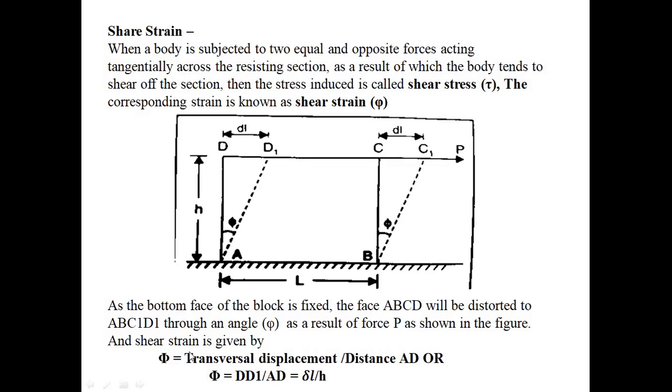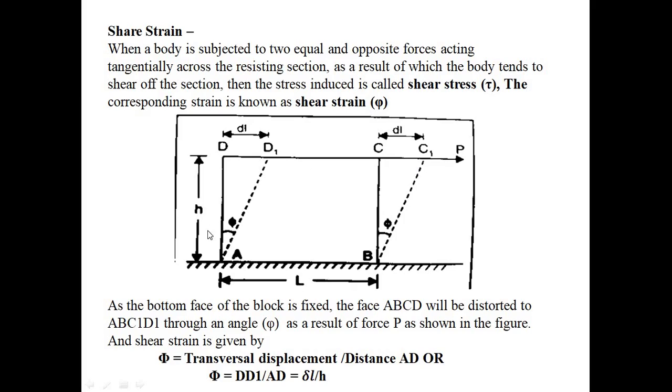Shear strain is given by phi, which equals the transverse displacement over the distance AD, that is, d1 upon AD, which equals delta L by H.